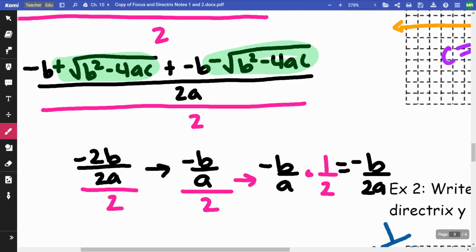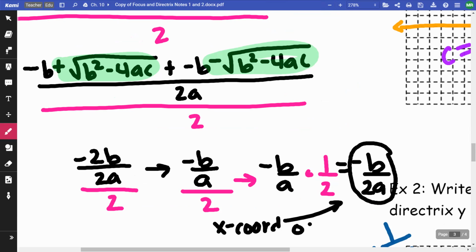That negative b over 2a, which is the average of my two x-intercepts, is the x-coordinate of my vertex. So up to this point, I have been having us use completing the square to get it into the nice graphing form.